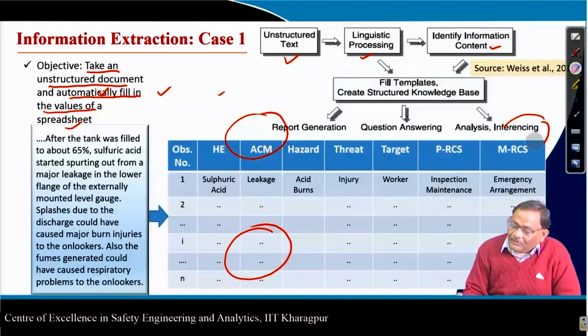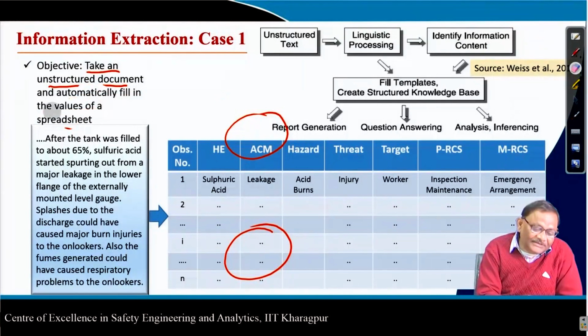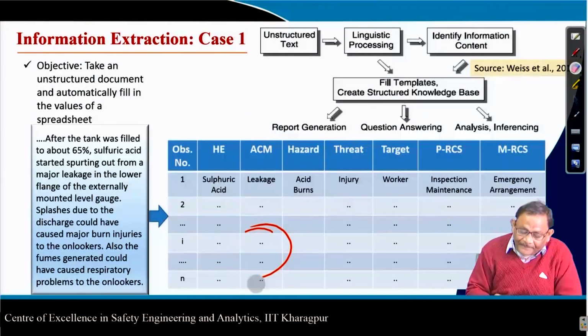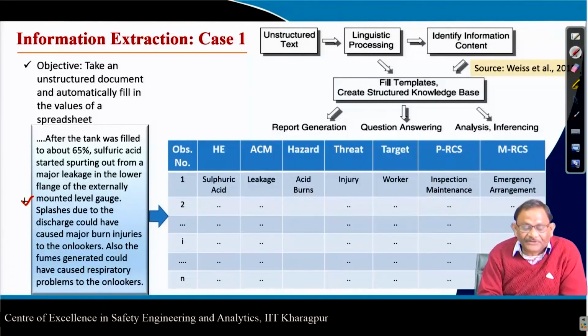So how the accident path components can be extracted from the text is what is shown here. You see these particular narratives, or in our case, case 1.